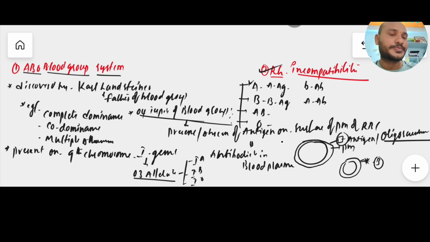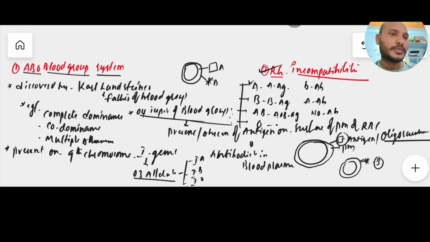In AB blood group, the RBC plasma membrane contains both A antigen and B antigen. Such a blood group is called AB blood group, in which A and B antigens are present, but no antibodies are found in blood plasma.